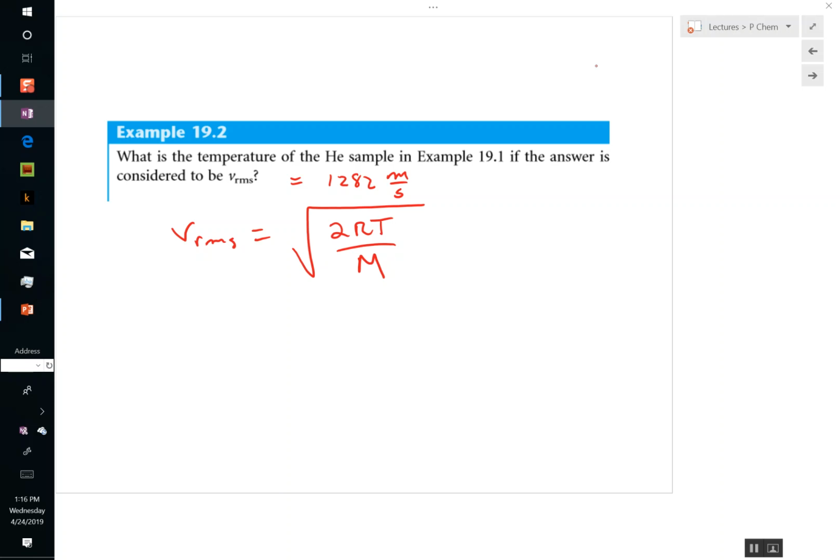Well, the root mean squared, because this one says if the answer is considered to be VRMS. The average, the mean, are two different things, with two different equations. So they're just saying, let's take that average that we got from 19.1 and assume that is the root mean squared. What would be the temperature?